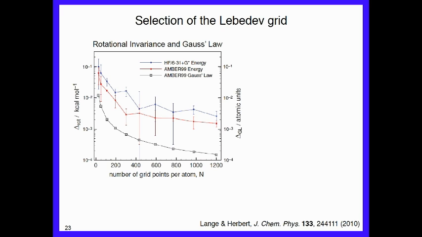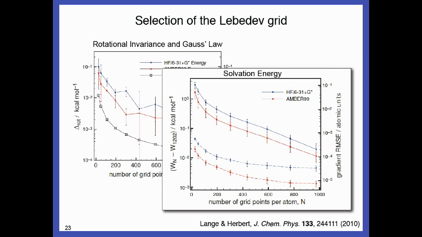What we've chosen as the default is, I believe, 590 grid points per atom. So if we look at n equals 590, you see that the rotational invariance errors are less than 10 to the minus 2 kcal per mole, which for all practical purposes is 0. That's why we chose that number to be that large.